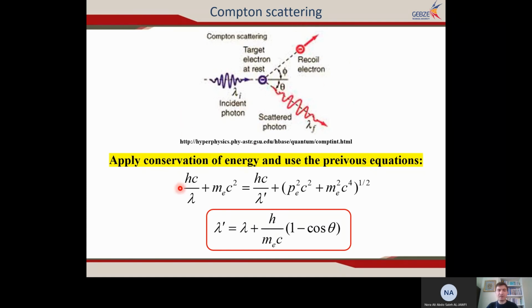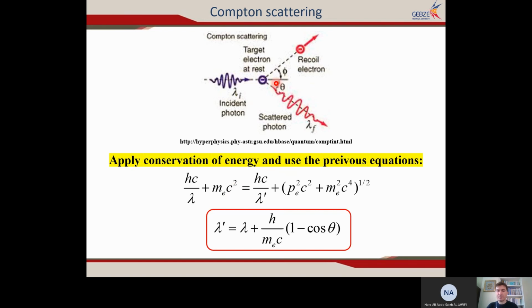So what is the initial energy of the incident photon, which is given by hc over lambda initial: Planck's constant again, velocity of light, plus the electron is at rest, but it has certain energy, right? We know this information from particle physics, and this energy of the electron is given by mc squared, mass of the electron and square of the velocity of light.